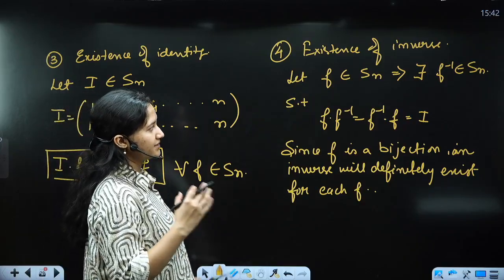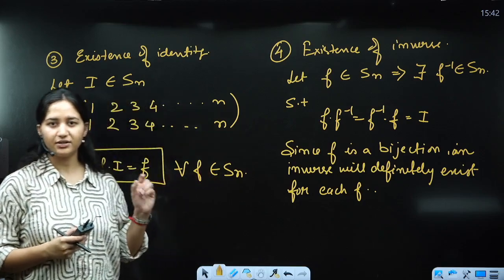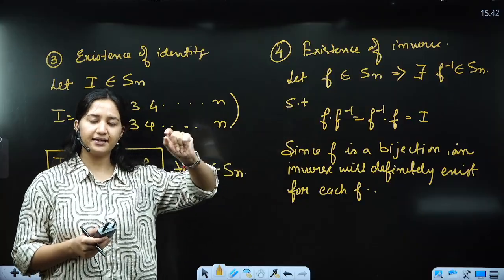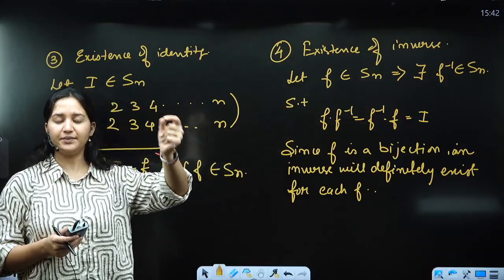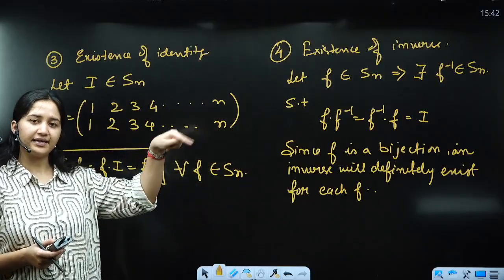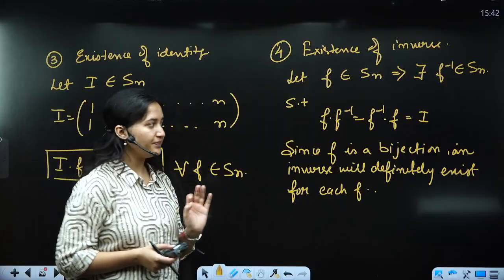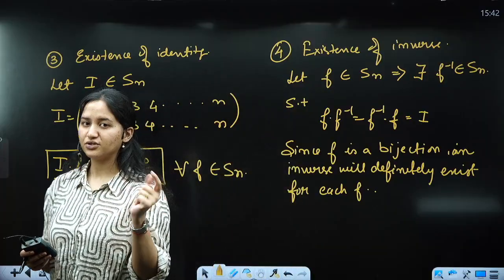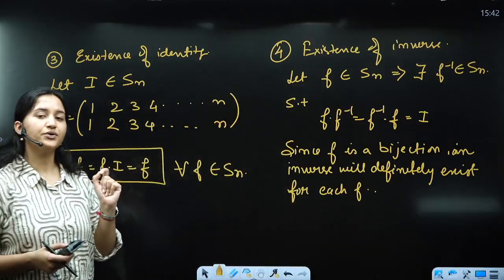Now, when we try to visualize the elements, we get a little confusion about how we will find the inverse. Suppose you took an element of Sn, let's say 1 2 3 and so on. We have already studied r cycles, if you remember. So if you have an r cycle, or the multiplication of two disjoint cycles, how are you going to find the inverse?